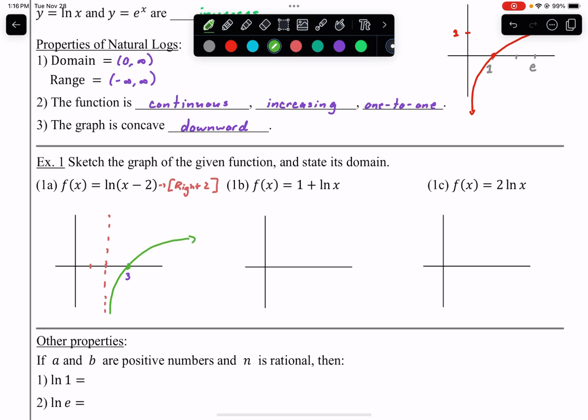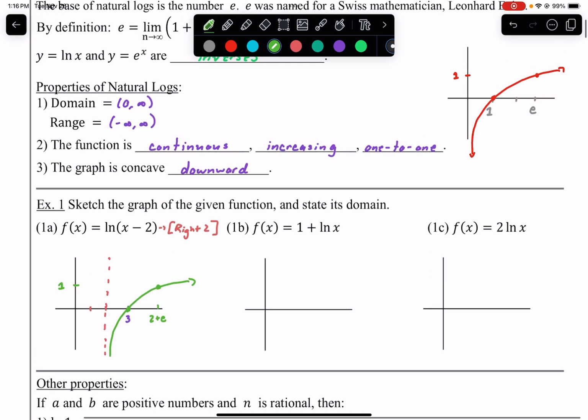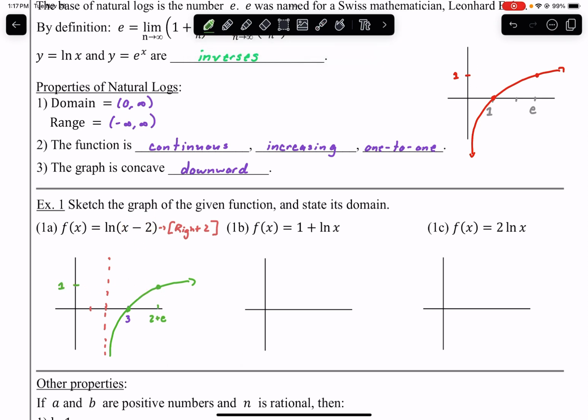The value right here at 3, 2 plus e, I keep writing 3. 2 plus e is going to be 1 right there, just to get you that same general shape that we had up here in our parent function. Remember, 0, here's the e value, that's always going to be 1. So if I do 2 plus e here, I get 2 minus 2, and then you have ln of e, and ln of e is always equal to 1. So just a way for you to think about that.